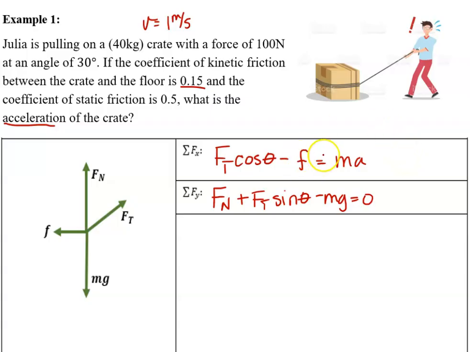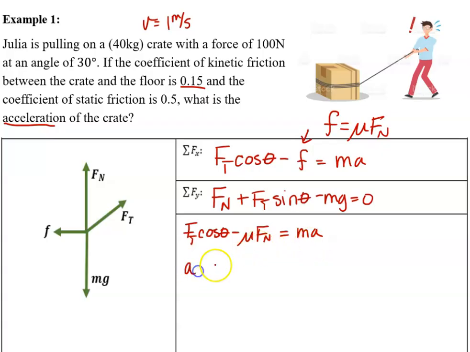So now we can go ahead and try and solve for the acceleration. Problem is, we need to substitute something in for friction. So we have our Ft cosine theta minus, and instead of friction, let's go ahead and use our fun equation. So I'm going to plug in the coefficient times the normal force. That equals ma. I'm going to go ahead and divide by m.